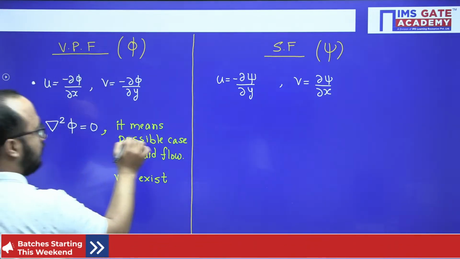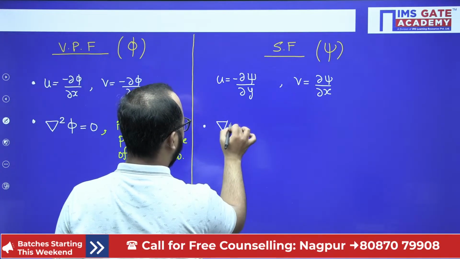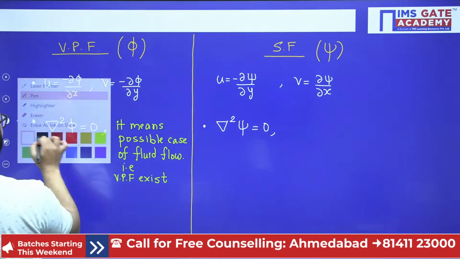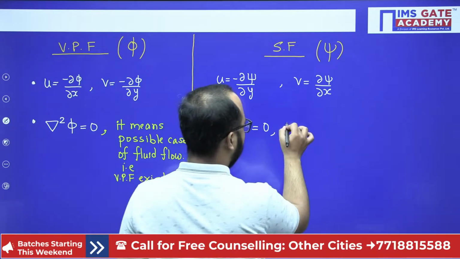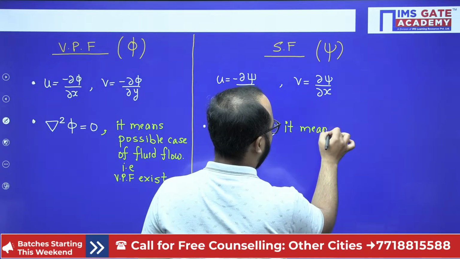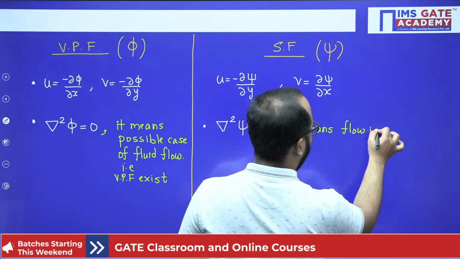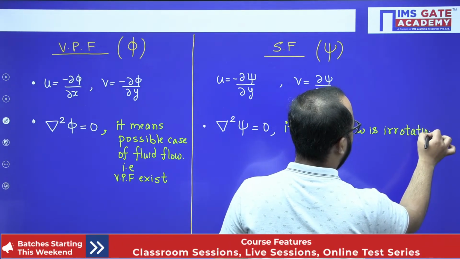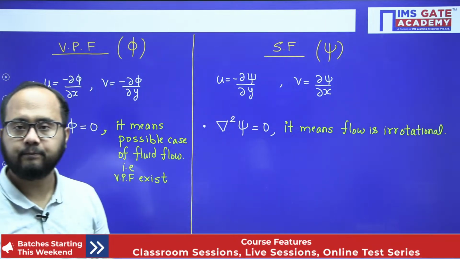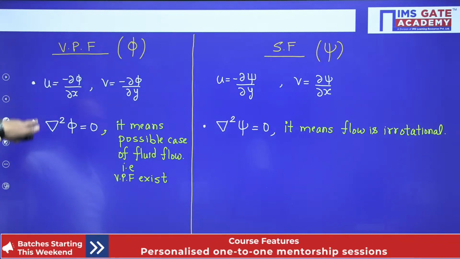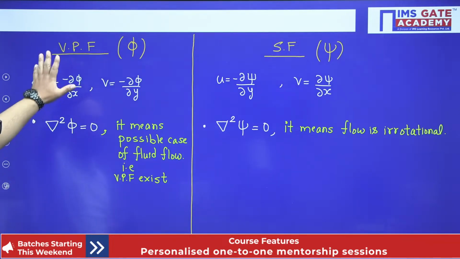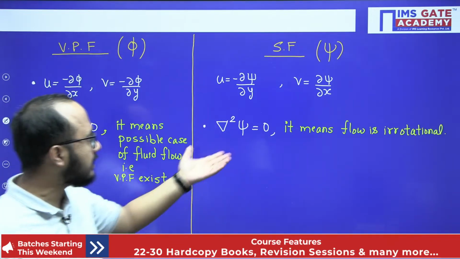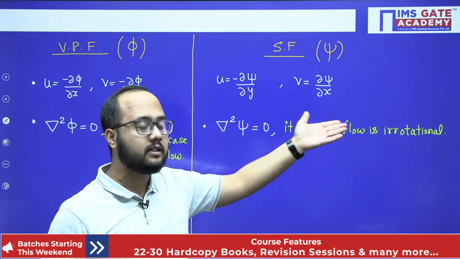But if we talk about the Laplace equation for the stream function, it means flow is irrotational. So first two basic points, the basic difference: in the case of VPF, Laplace basically means the possible case of fluid flow, that is VPF exists, but in the case of stream function, it means the fluid flow is irrotational.